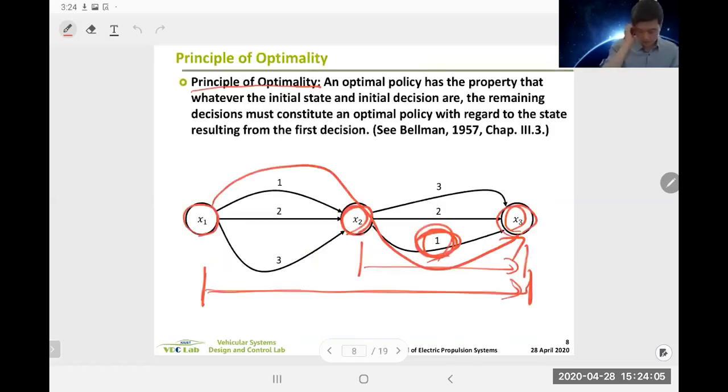Oh, by the way, dynamic programming is an enumeration technique, meaning that DP guarantees a global optimal solution. Do you know what enumeration means?